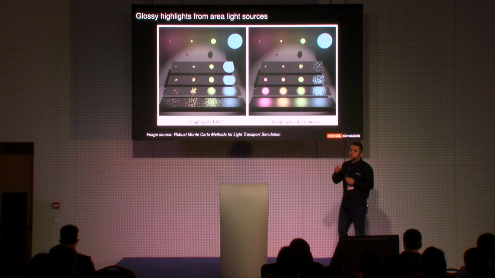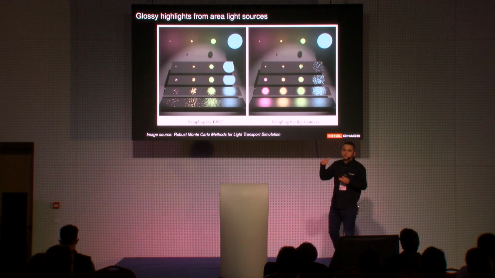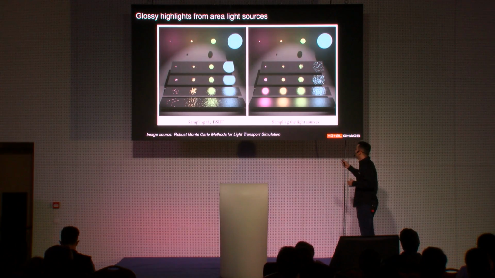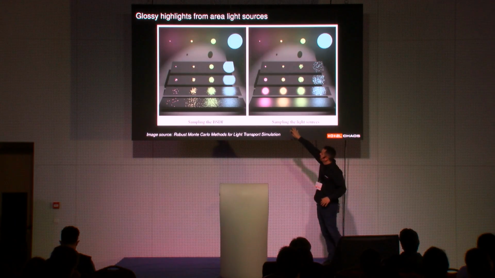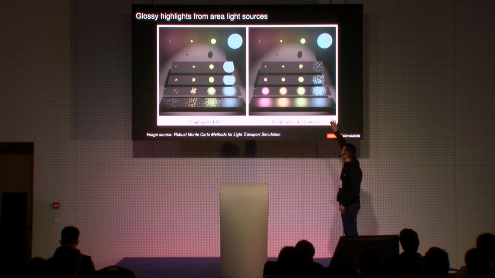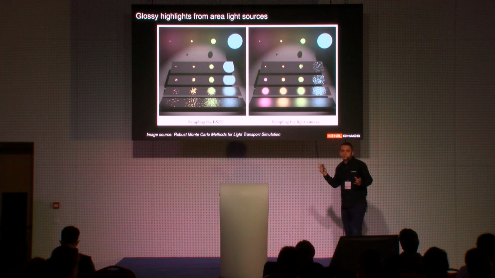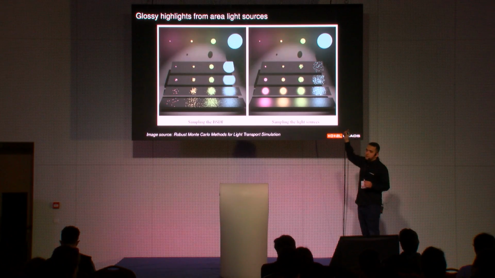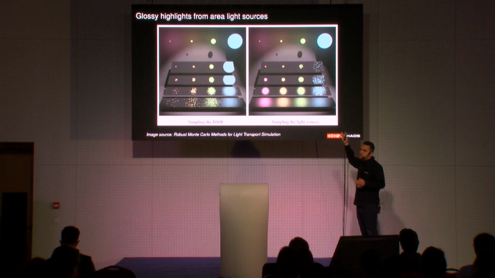where we pick a point on the light source and we try to connect this point with a shadow ray to our shading point. So it works well in many cases, but there are other cases, for instance, for very shiny materials and for very large light sources, where we pick a point on the light, but we can hardly find this direction along which the very specular lobe of this material transfers light.